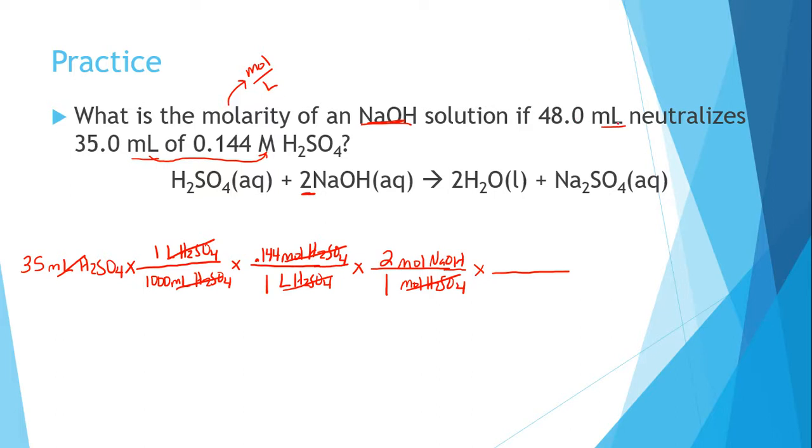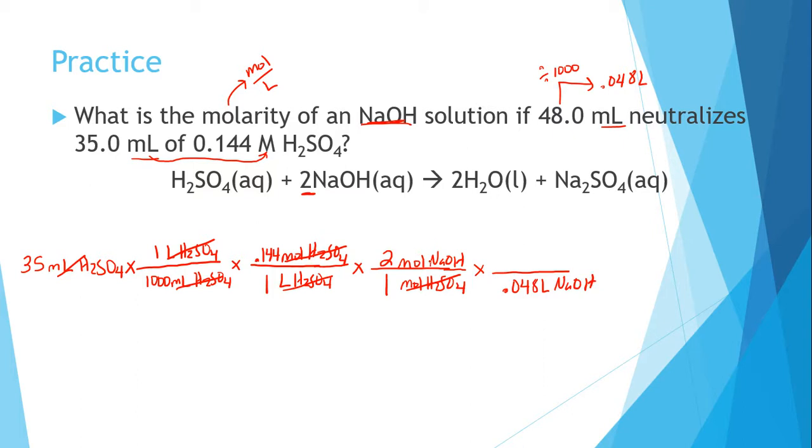Well, the way we get those liters is from this 48 milliliters. Remember, we can change this 48 milliliters to liters by dividing by 1,000. So if you divide by 1,000, you get 0.048 liters. So I can divide this by 0.048 liters of NaOH.